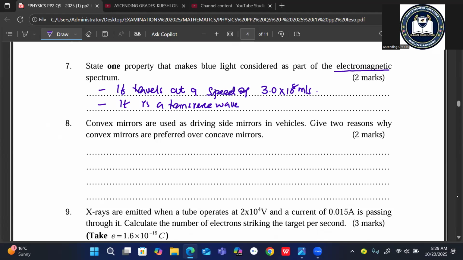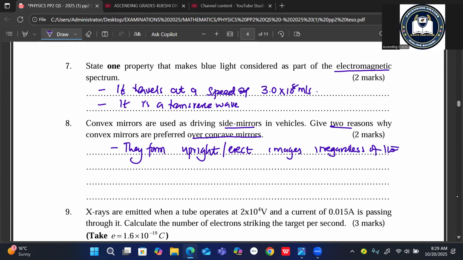Convex mirrors are used as driving mirrors in vehicles. Give 2 reasons as to why convex mirrors are preferred over concave mirrors. They form upright or erect images regardless of the object distance.